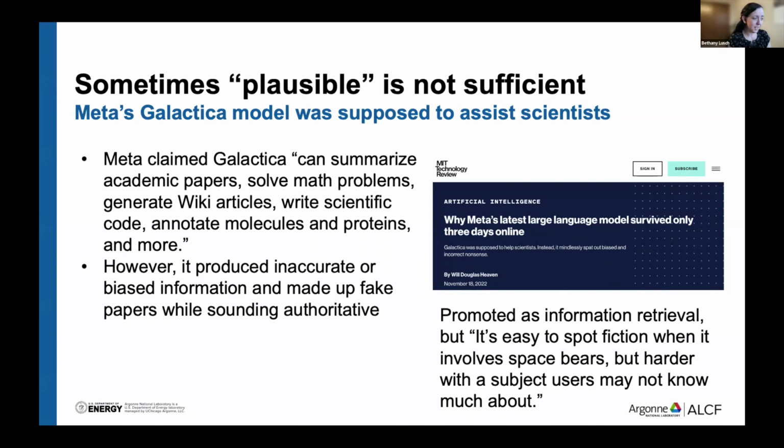So this one's a little different because hopefully the users of Galactica could decide to fact check everything, but people might not have the intuition that they need to, and then it might waste time.